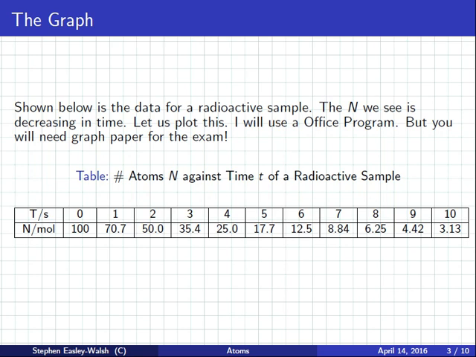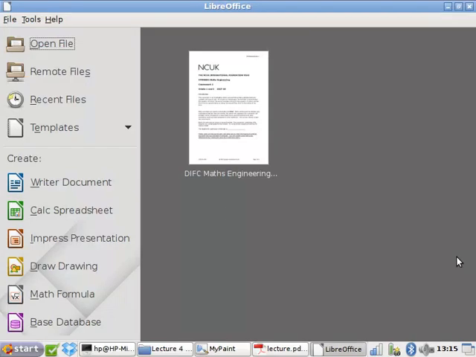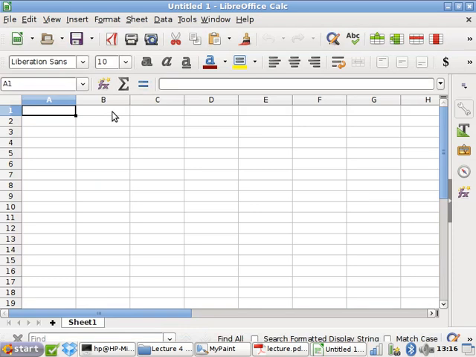Okay, did you copy that down? So let me make the graph here. So, first column is time in seconds, and the second one is N in moles. What does the time increase until? 10, okay.